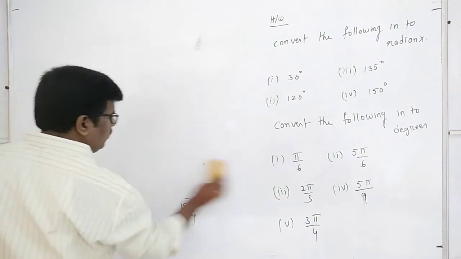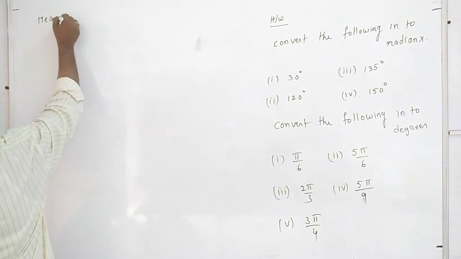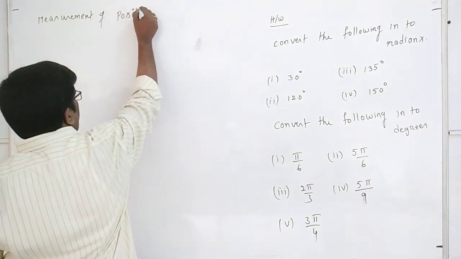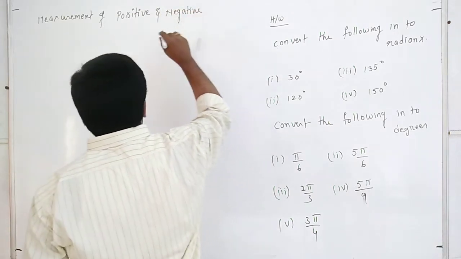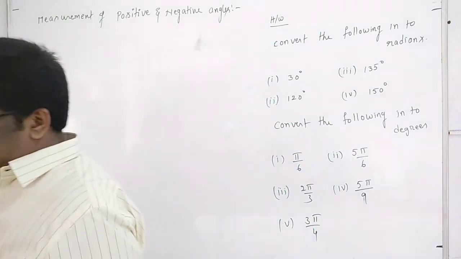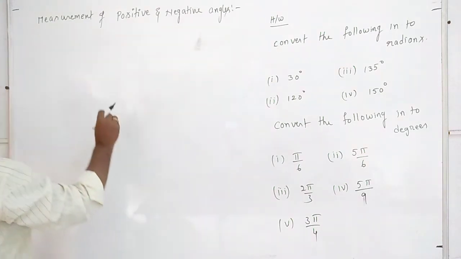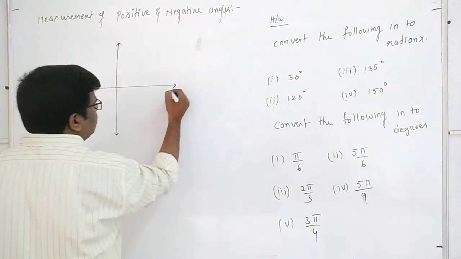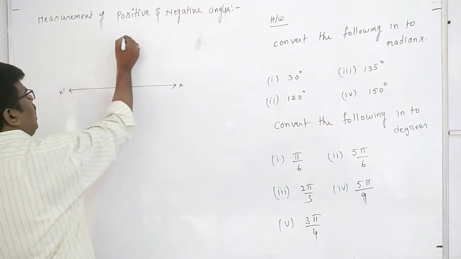So measurement of positive and negative angles, in the sense, if you observe the coordinate system, like this is a coordinate system, that is x dash, y dash.